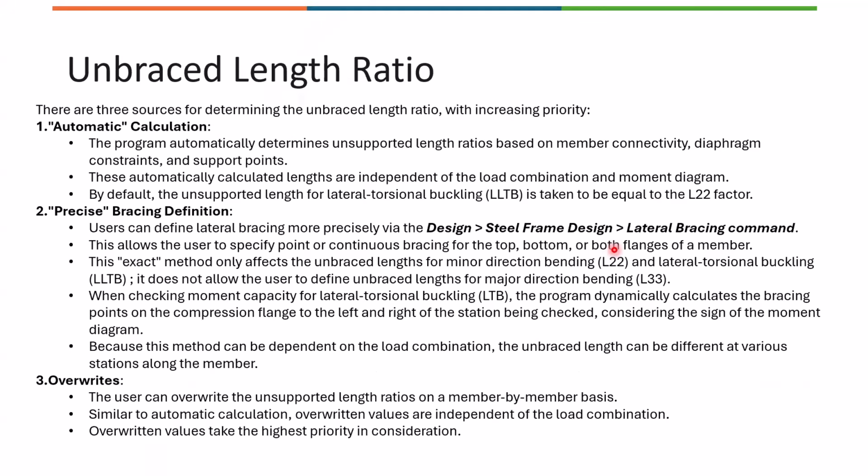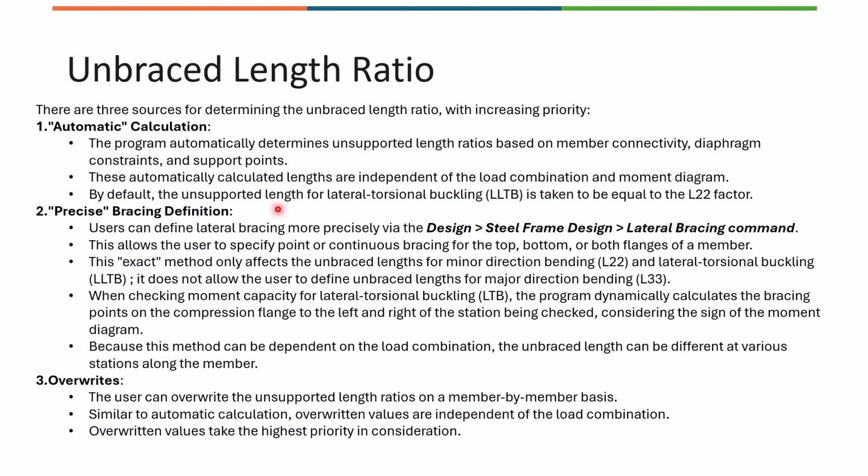And then there is an unbraced length ratio, which can be crucial in your design. So there are three sources for determining the unbraced length ratio. With increasing priority, this is listed here. One is automatic calculation, which the program calculates from the member connectivity. The other one is precise bracing, where the user will have to model the bracing points.